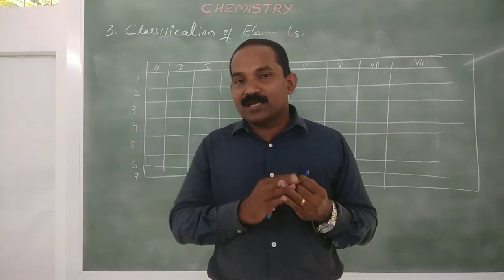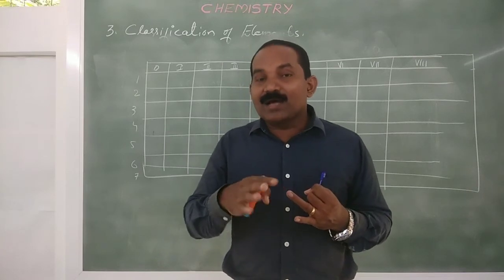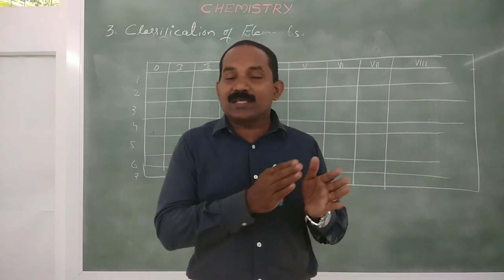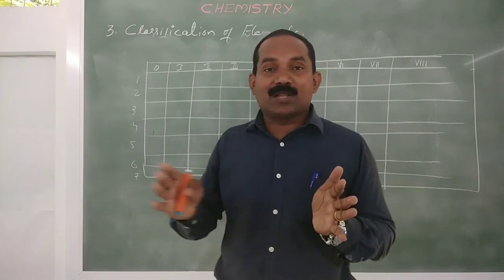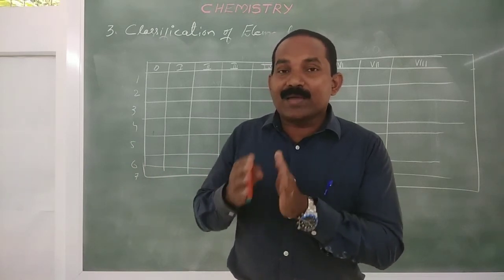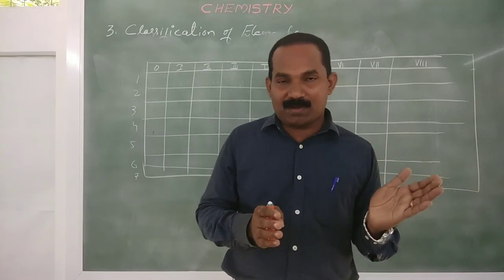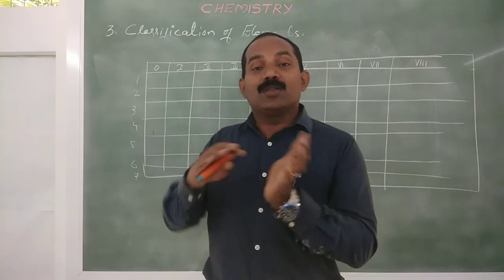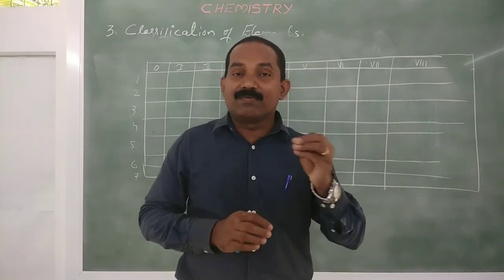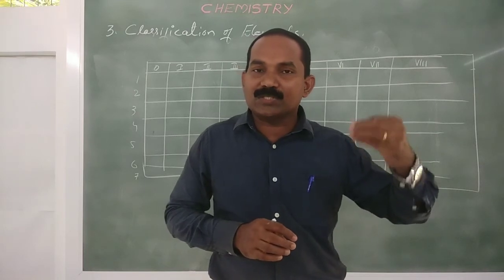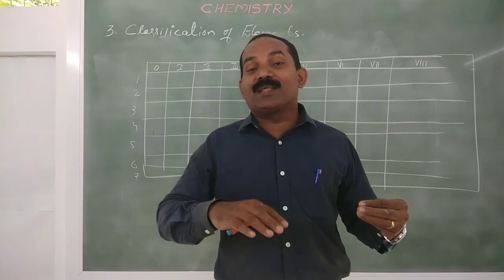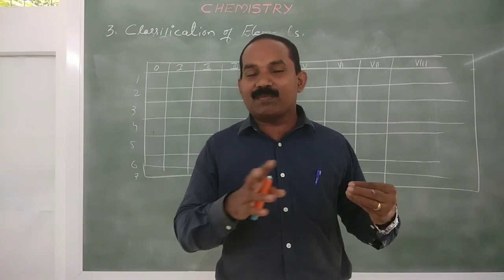In some places, elements with a higher atomic mass precede, or elements with a lower atomic mass succeed. Actually, he arranged the elements in increasing atomic mass. But in the case of cobalt and nickel, the atomic weight of cobalt is 59, but that of nickel is 58.7.